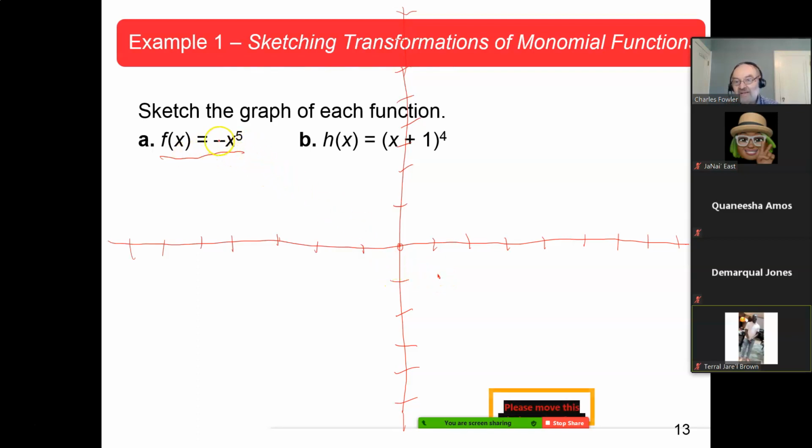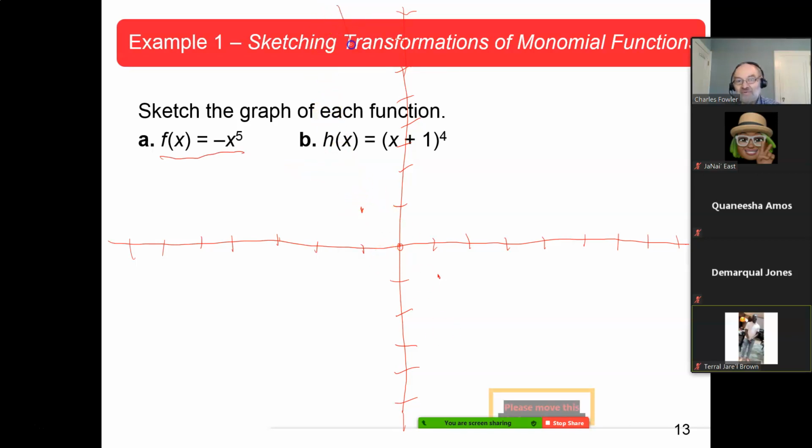Okay? When x is equal to minus 1, minus 1 to the fifth is minus 1, but then when you negate it, it becomes a positive 1. So there's the next one. And then the next one after that, x equal 2. 2 to the fifth is 32, but negative. So it's off scale immediately.